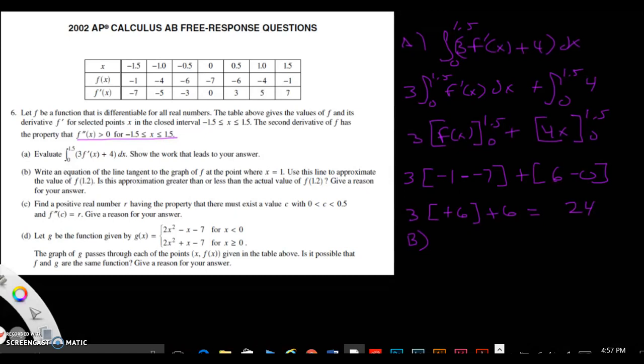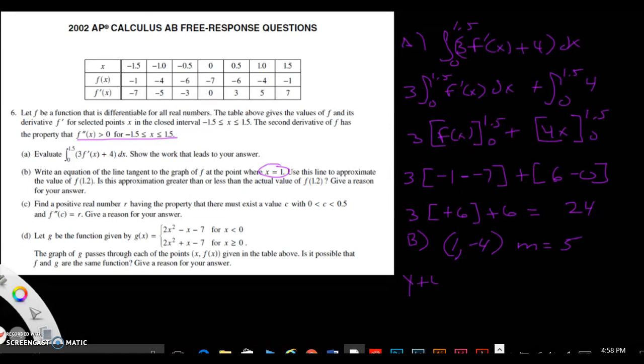Okay, so now we need a point and we need a slope. It says it's at x equals 1. So if you look at 1, it's 1 comma negative 4. That's the point. And the slope is 5. So that makes that really easy.